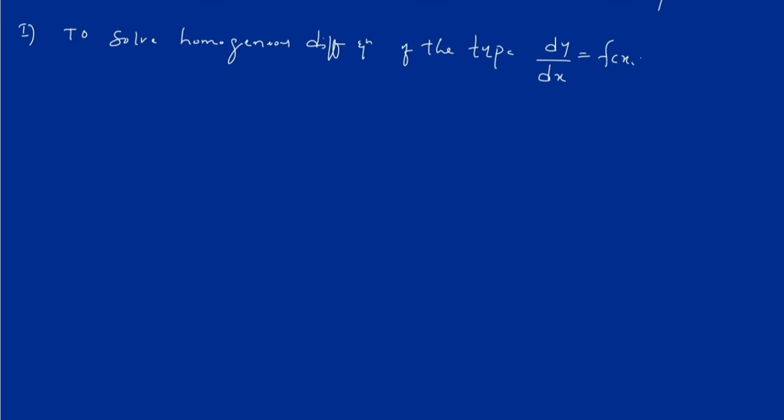To solve a homogeneous differential equation, we will see the first type. To solve a homogeneous differential equation of the type dy by dx equals f of x comma y, take it as equation 1 and put y equals vx, right?